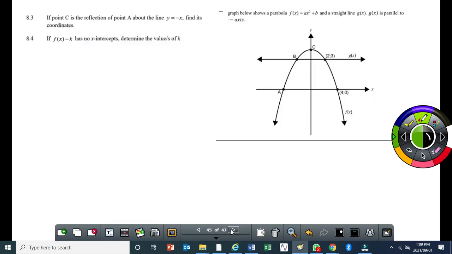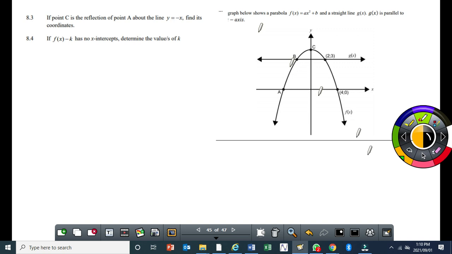the next question, 8.3, says if point C is the reflection of point A about the line y equal to minus x, find its coordinates. So point C is a reflection about the line y equal to minus x. Now the line y equal to minus x is this line.